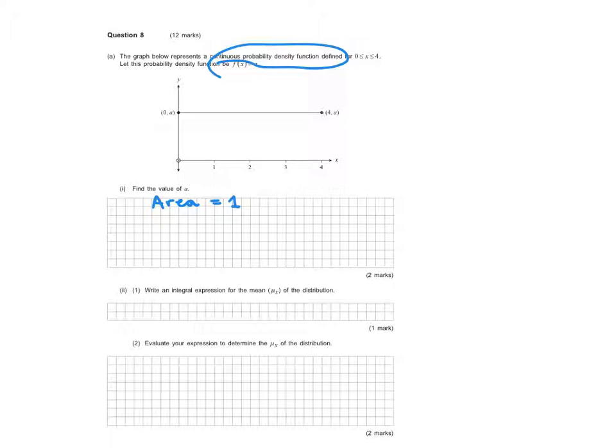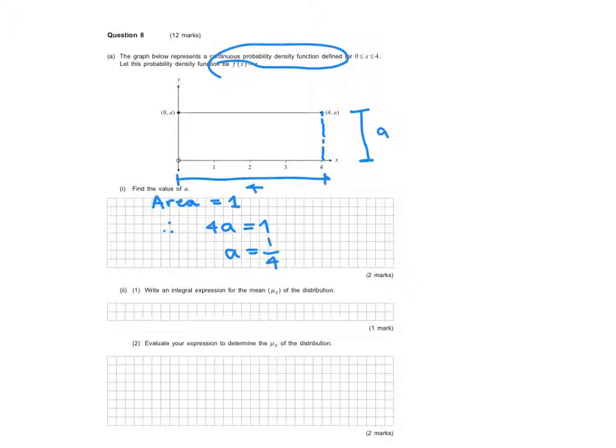The easiest way to find the value of A is to find the area of a rectangle, which is its base, in this case 4, times height. The height is A. So the area is 4 times A, which is equal to 1. From here, A is equal to 1 over 4.